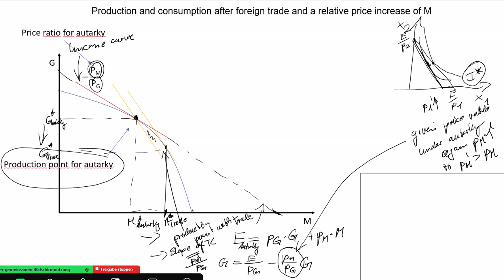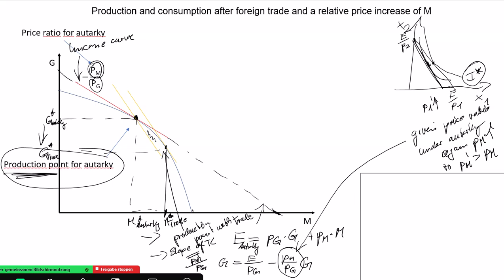But now we have another difference compared to the situation under autarky. Under autarky, this is not only the production point, this is also the consumption point. Because if I'm alone in the world, or if I'm in North Korea having big walls around my country, then I can only consume what I produce.